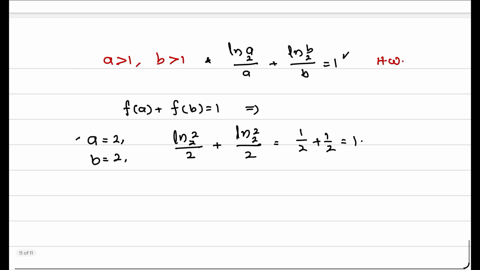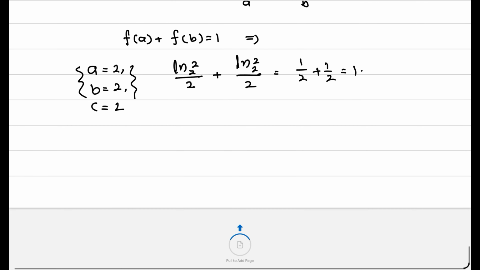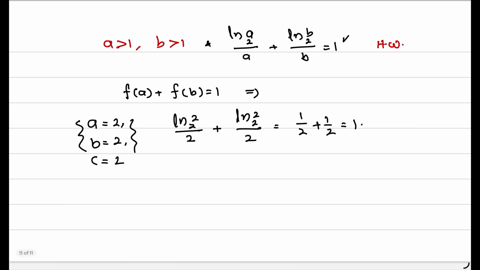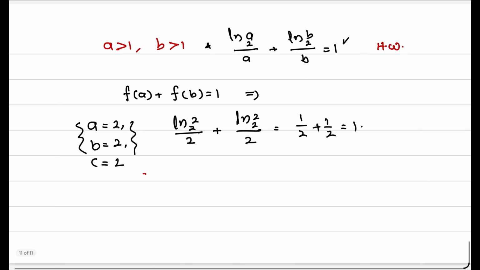Hence, A is equal to 2, B is equal to 2, C is equal to 2 is a solution for it. Now, let us find out C is equal to 2 and A is equal to 4 and B is equal to 4.